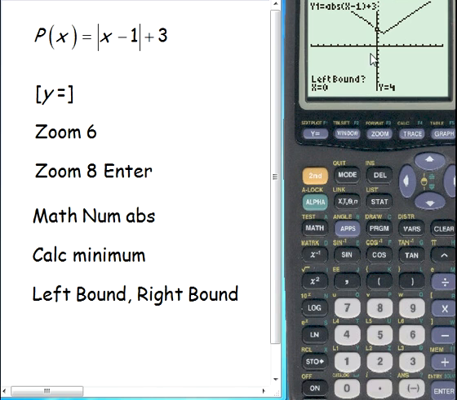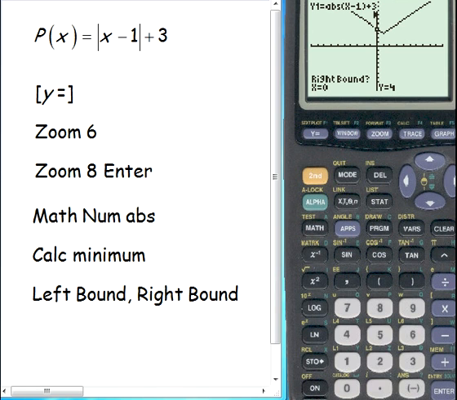A function could have several minimums, so for the left bound we choose any point to the left of the minimum, and that seems to be to the left of it, so we'll just hit enter.